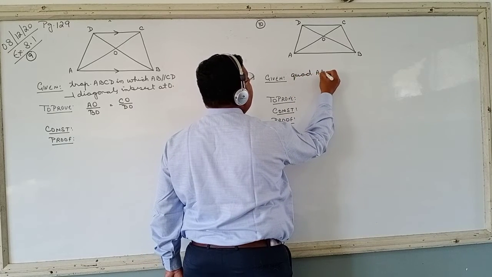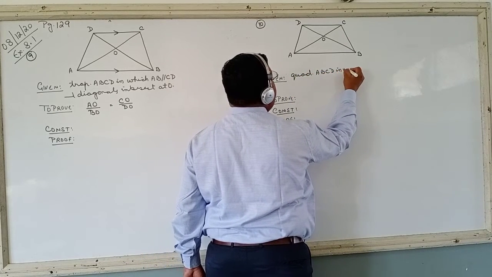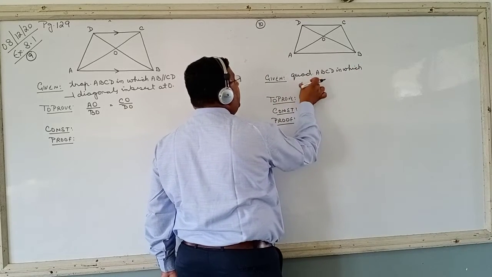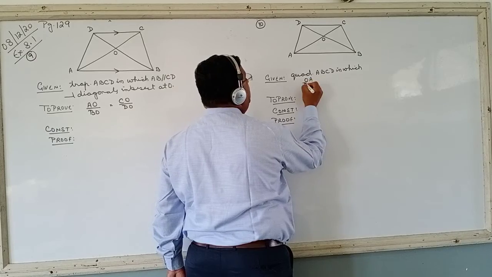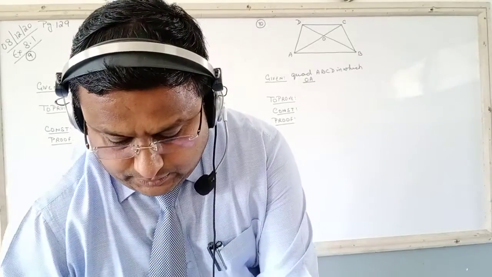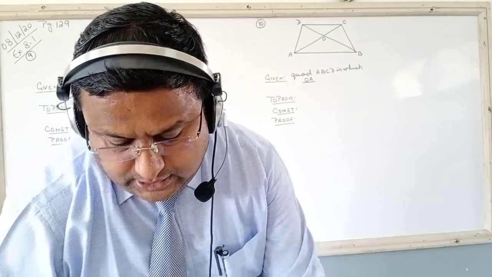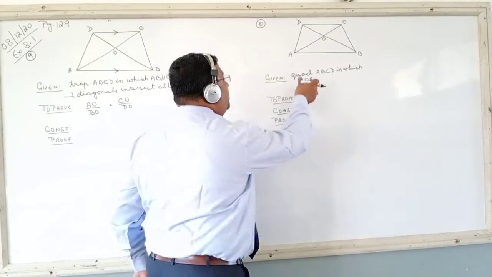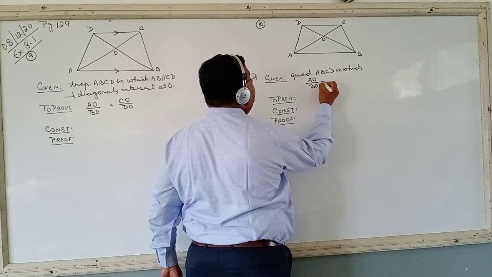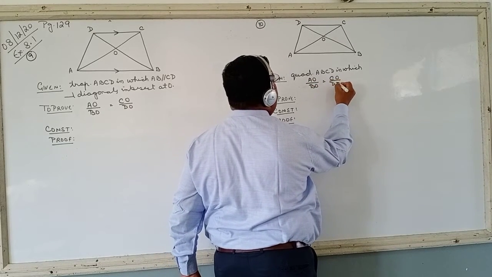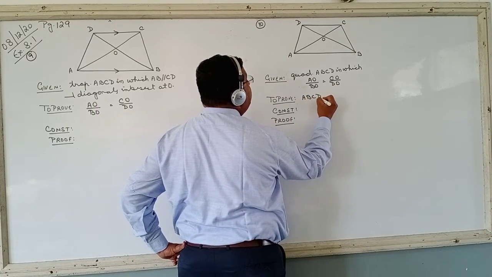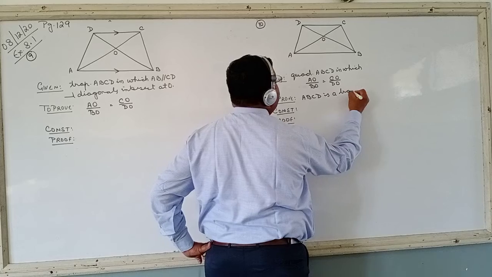Quadrilateral ABCD in which AO upon BO is equal to CO upon DO. And what you have to prove? We have to prove that ABCD is a trapezium.